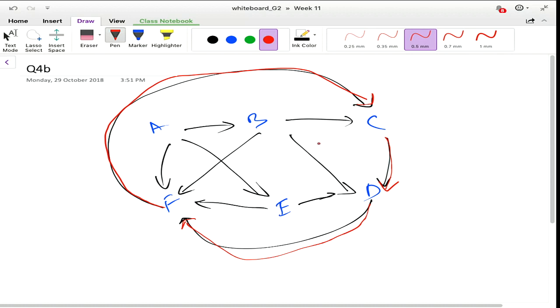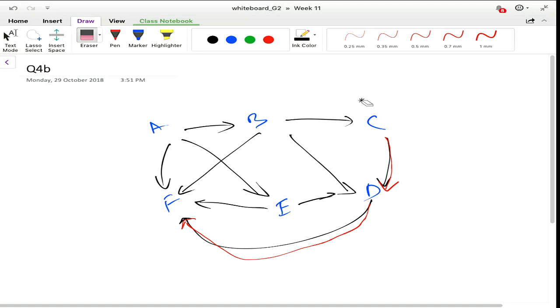One possibility is to invert this one, so FC becomes CF. That is one of the possibilities. If we do that, we are going to have C to F instead of F to C. And if we do that, then we will break the cycle, because there is no other cycle here.